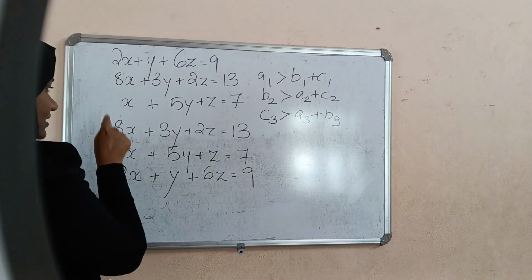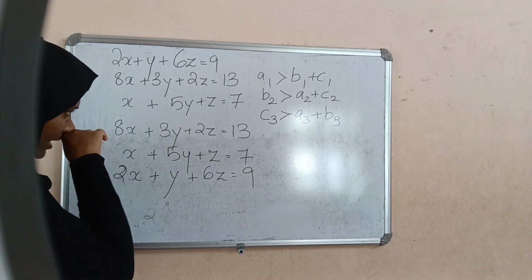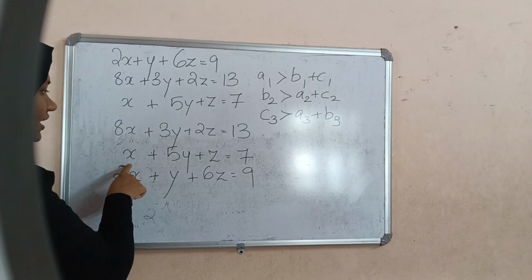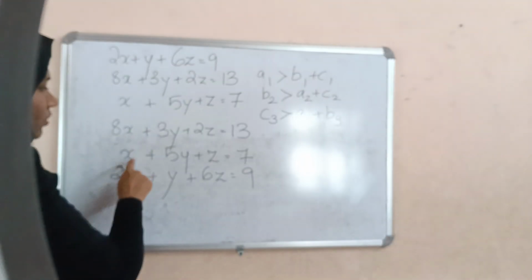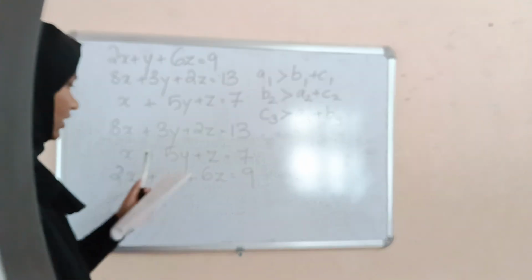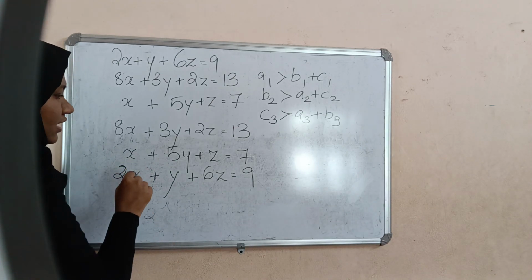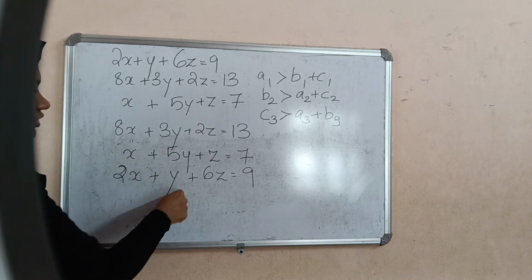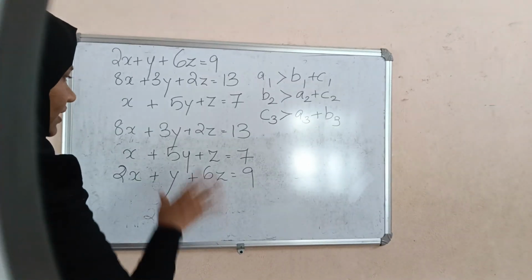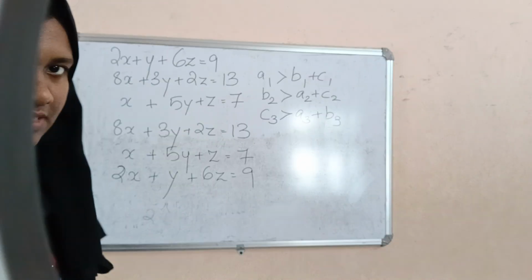Now let's check whether it is diagonally dominant. Yes, 8 is greater than 3 plus 2. Then 5 is greater than 1 plus 1. Yes, that also is correct. Then 6 is greater than 2 plus 1. So we got a matrix which is diagonally dominant.